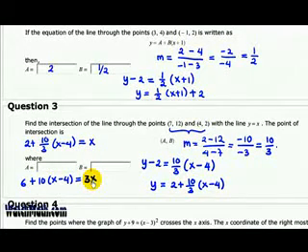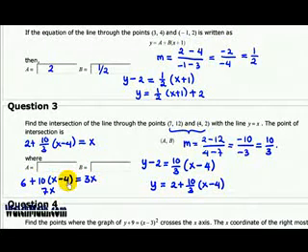Okay, and this can be simplified further. Here we have 10x, and on the right hand side we have 3x. If we subtract both sides by 3x, we get 7x on the left hand side and 0 on the right hand side.